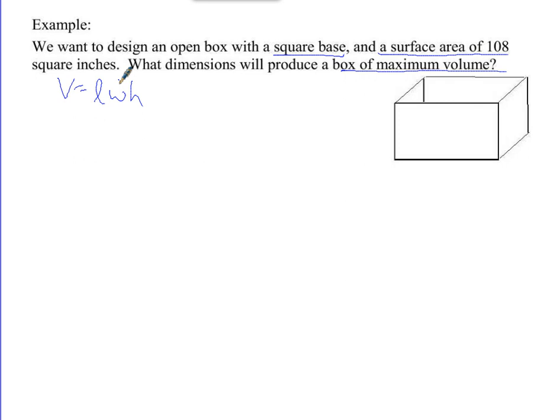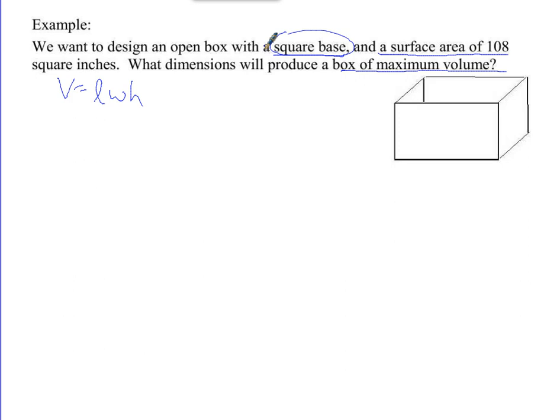We do have surface area, but hang on. Let's take a look at the picture. Notice I've drawn a picture here. Always draw a picture. And I'm going to use this idea of a square base. So the length and the width are the same because it's a square base.